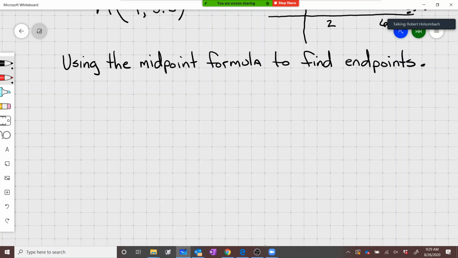So let's write this down, okay? Using the midpoint formula to find endpoints.